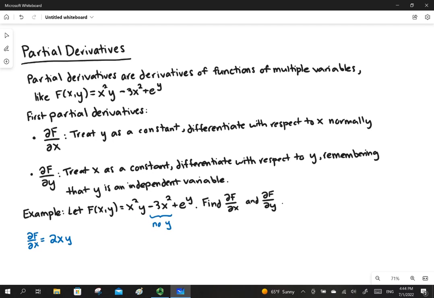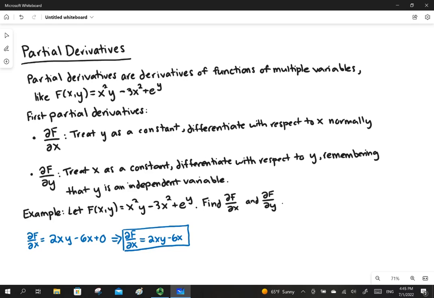Then there is no y in the negative 3x squared term, so we just differentiate that normally to get minus 6x. Then finally, the last term, e to the y, has no x in it. So that's a constant with respect to x, and its derivative with respect to x is just 0. So the partial of f with respect to x is 2xy minus 6x.